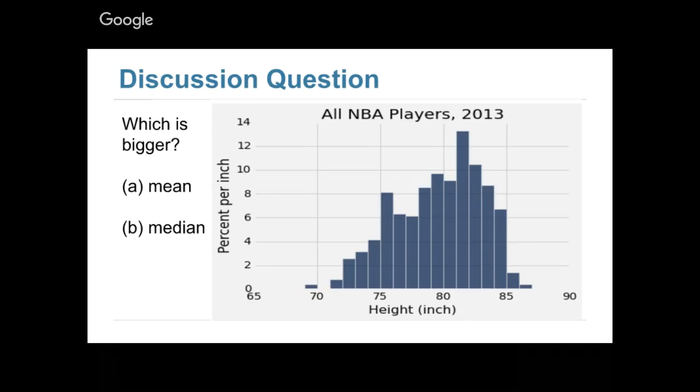So the median is bigger. Because the mean is not robust, it's affected by extreme measurements to either side. So you have something really low that pulls down the mean, even though most of the data are on the right.